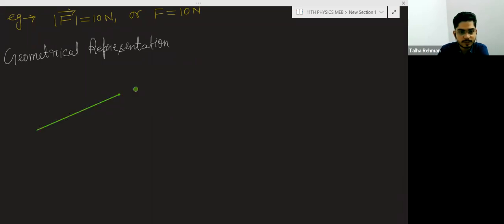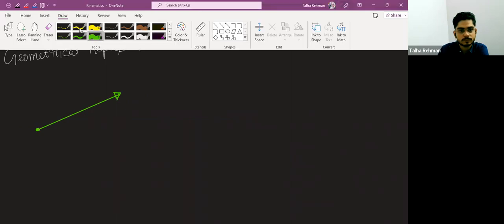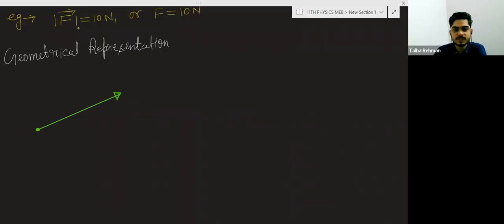Suppose this is the vector. So this is the arrow, and the length of the arrow represents the magnitude of the vector. Suppose this length is 10 meter.